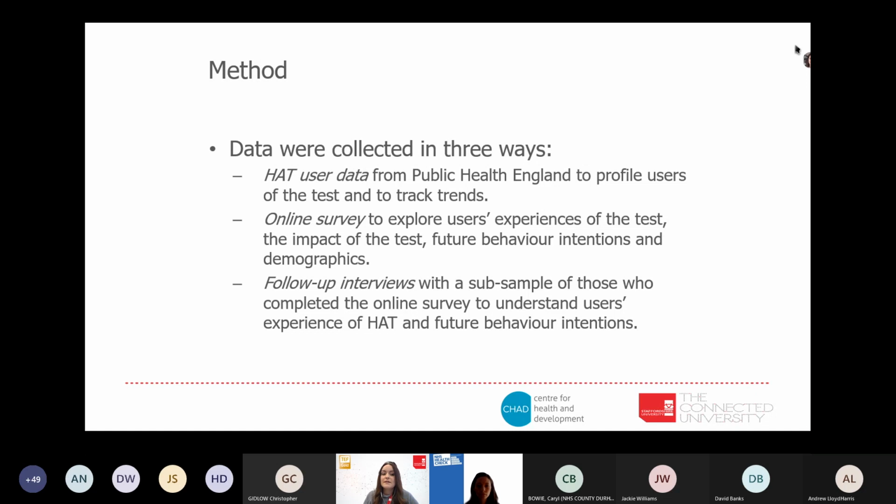We then did an online survey, which was distributed through several platforms to explore users' experiences of the test, the impact of the test, future behaviour intentions and demographics. And then we did follow-up interviews with a subsample of those who completed the online survey to understand users' experience of the heart age test and future behaviour intentions.